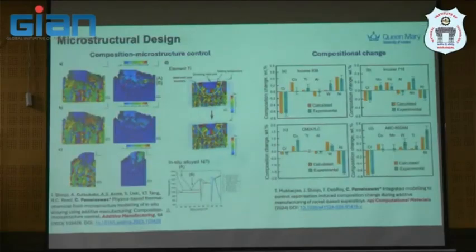So based on this, we talk about alloy design, we talk about process design. We also want to design from the microstructure as well. So we link composition and process to microstructure development. The composition and microstructure control has been very important in the rapid heating and solidification process, like I said before, because in this binary nickel titanium system, you will see that it's not homogeneous.